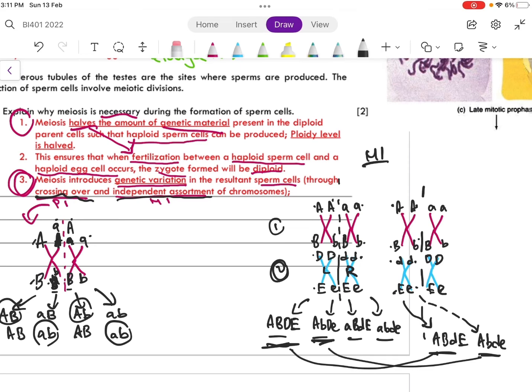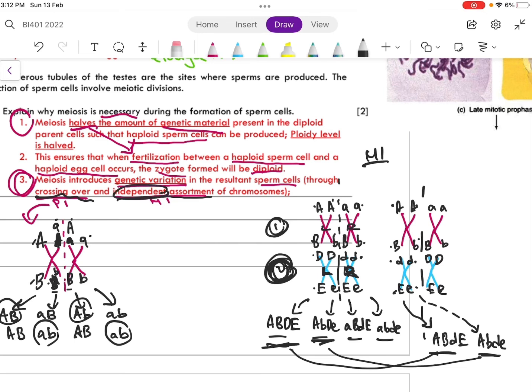Independent assortment means that how the homologous pair of chromosome number 2 arranges itself on the left or on the right is independent from how the pair of chromosome 1 arranges itself on the left or on the right. So that's what it means by independent.